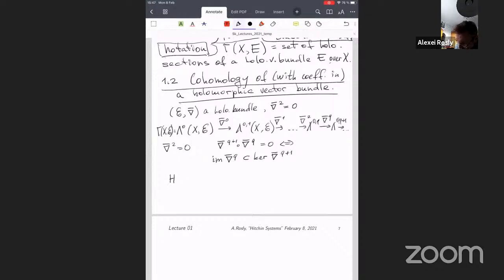H^q of X with coefficients in the holomorphic bundle, let me denote this way, Roman E, as the quotient space, kernel. Yes, I always make this mistake in lectures, not in life. Let me write it in this way.